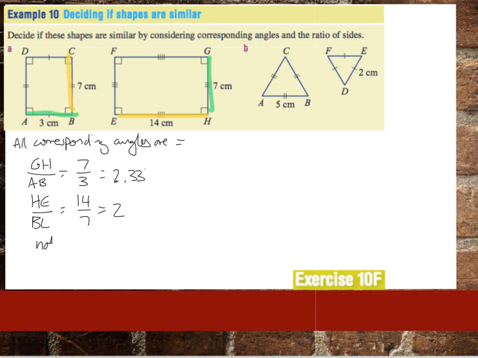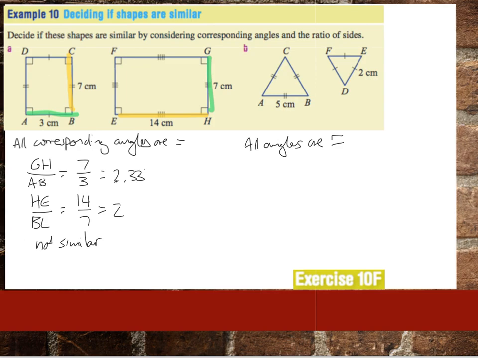Let's just spell similar correctly before I get a hiding from some English teacher. Right, not similar. For the second part, I'm going to do exactly the same. Because I have two equilateral triangles, I can immediately say all angles are equal.